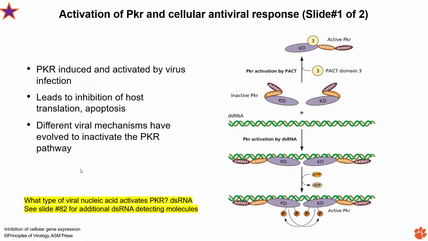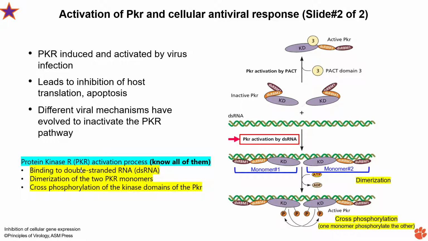All right, so this is the second slide of the same slide. See, that is a duplicate slide. So what is the process of this? It is the whole process of protein kinase activation. Know all of them. That means what you already know. So what are the different things? The binding of double-stranded RNA is one of the things. Dimerization of the two PKR monomers. So here you have the kinase domain, double-stranded RNA binding domain 1 and 2.